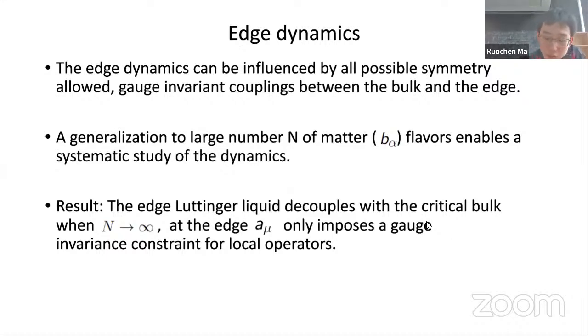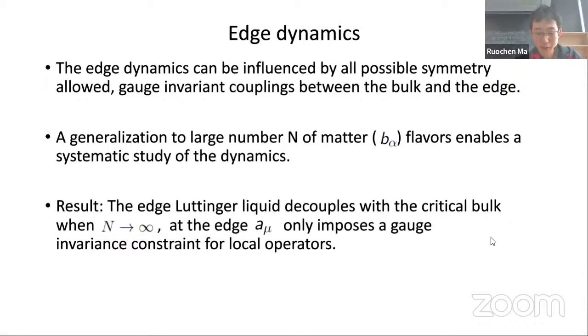Okay, this is the contribution from the F fermion to the edge theory, but there are also the B bosons and the dynamical U(1) gauge field, little a, and they already have extremely non-trivial dynamics in the bulk. So to fully understand the edge dynamics, we have to consider all the possible symmetry-allowed and gauge-invariant couplings between the bulk and the edge.